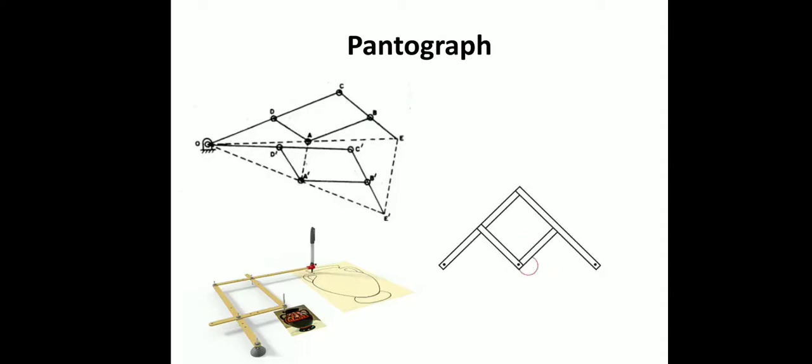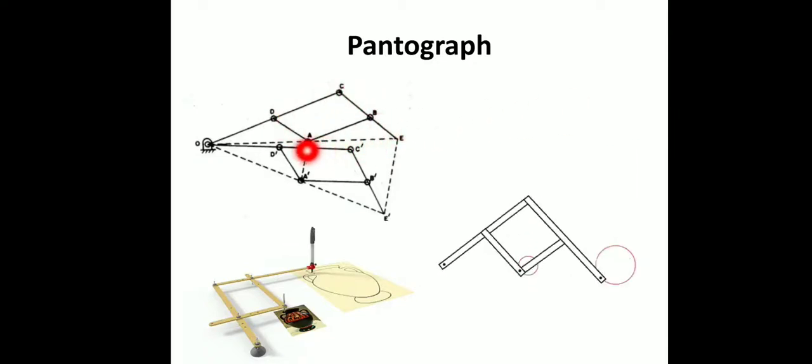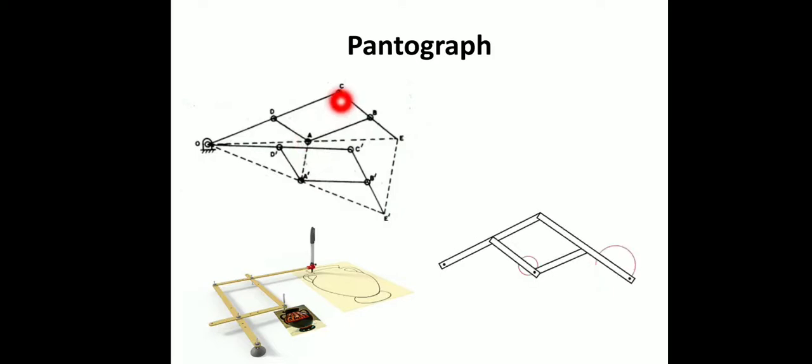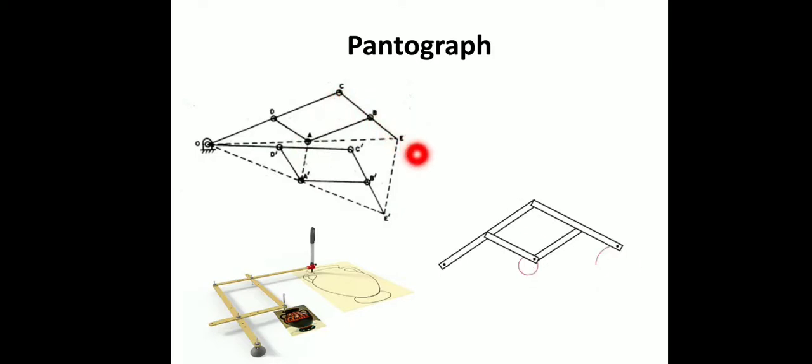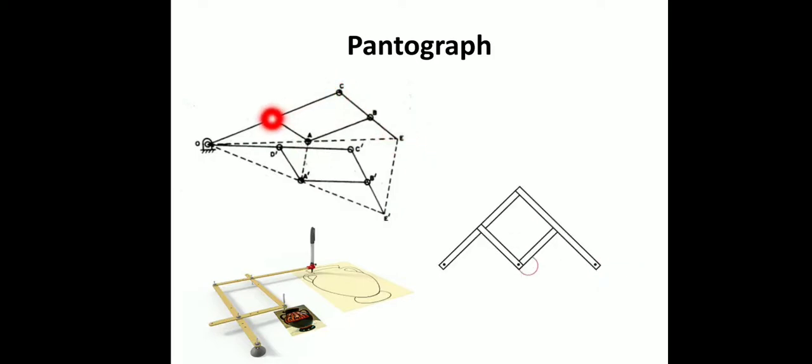DCBA is the four-bar mechanism. In the figure you can see that DCBA is a four-bar mechanism with the CB link extended up to point E and the CD link extended up to point O, and finally the CD link is fixed at the point O.